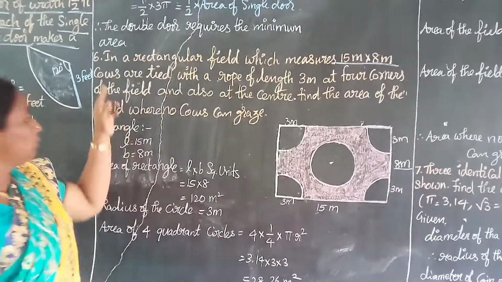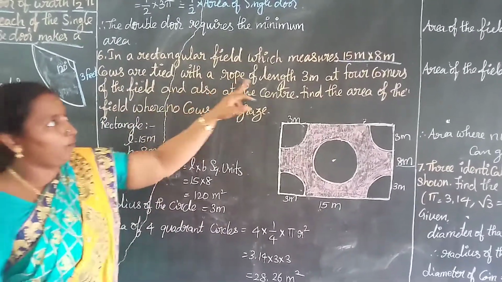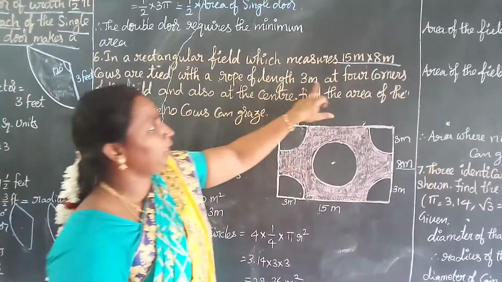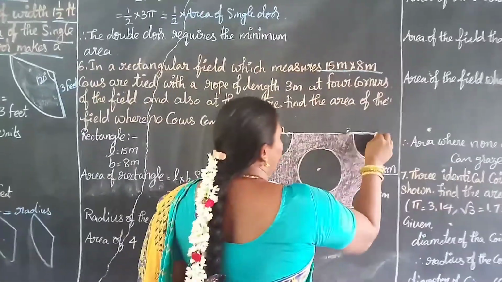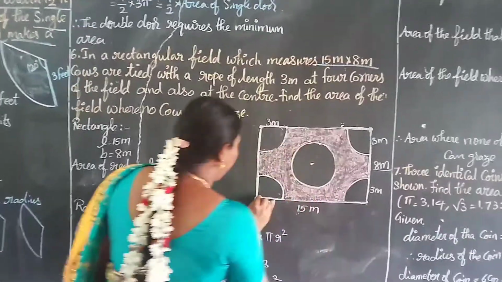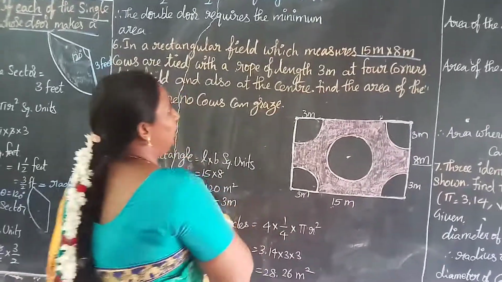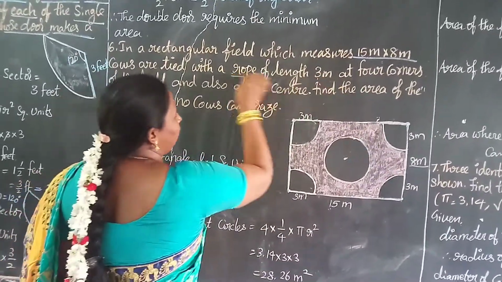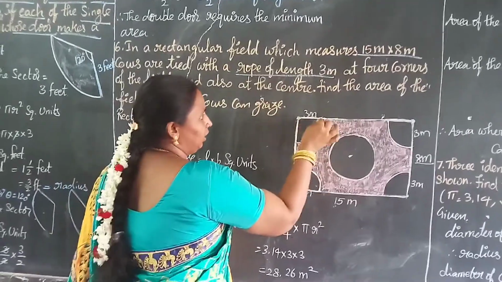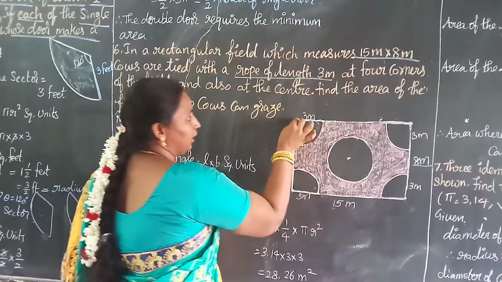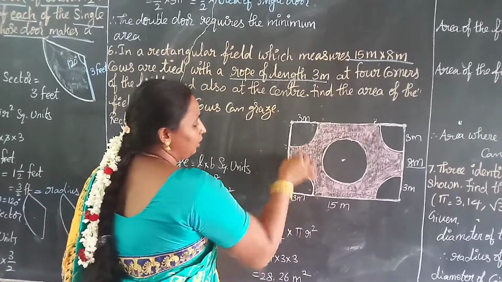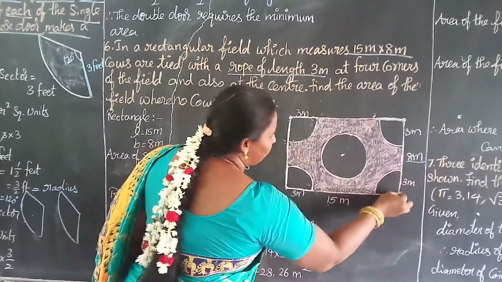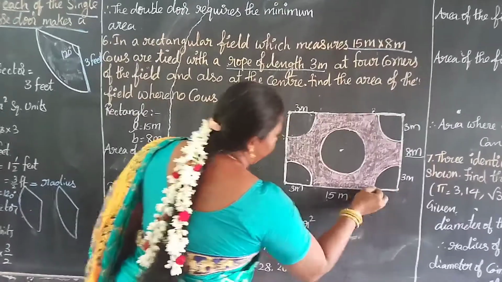Cows are tied with a rope of length 3 meter at the 4 corners. So if a cow rotates like this, it will walk only within 3 meter. In the corners it will occupy a 3 meter radius.